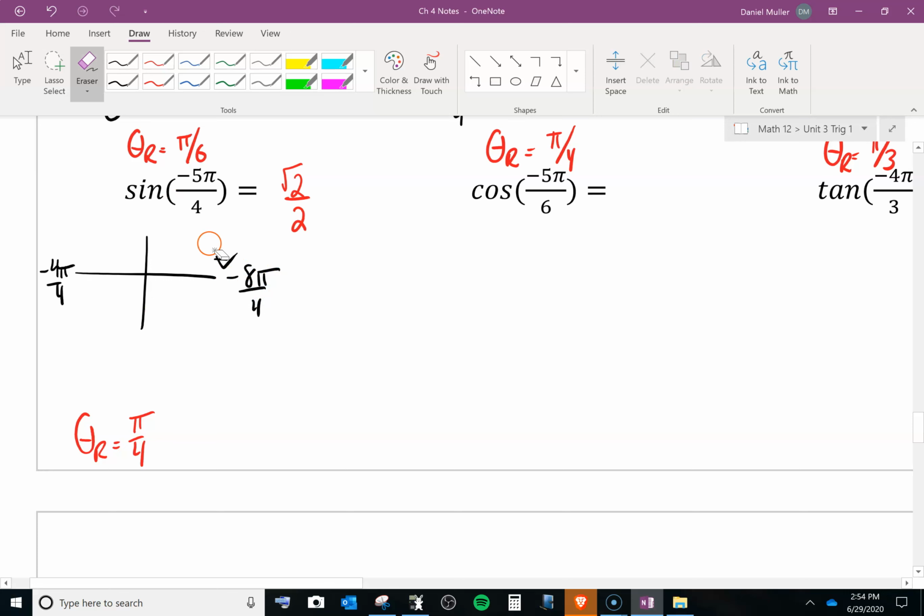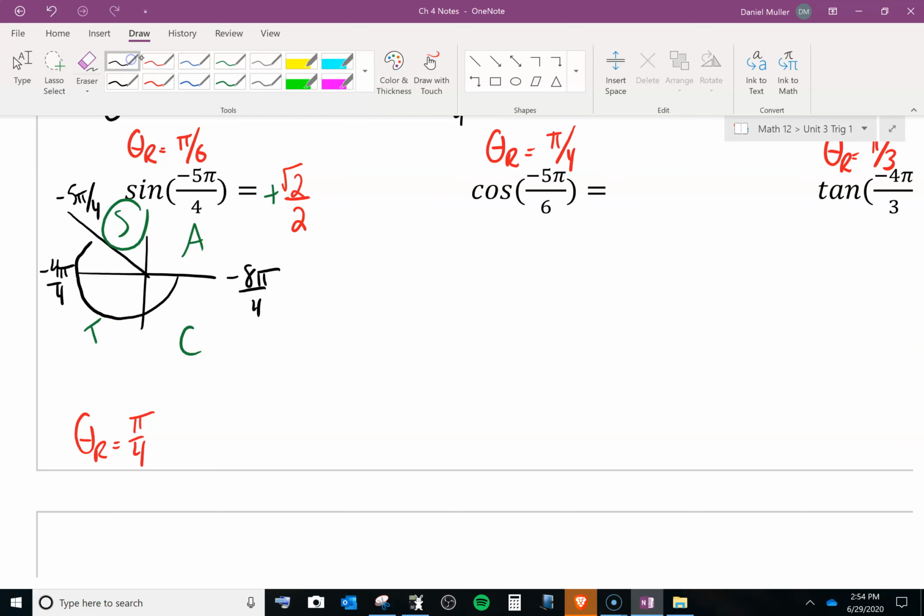And then when you're doing this, it's pretty straightforward to go to negative 5, because you start here. Okay, here's negative 4, so negative 5 would be just past that. This would be negative 5 pi over 4. So which quadrant is that in? It's in the sine quadrant. I happen to be sine, so I can be positive. And that's that.